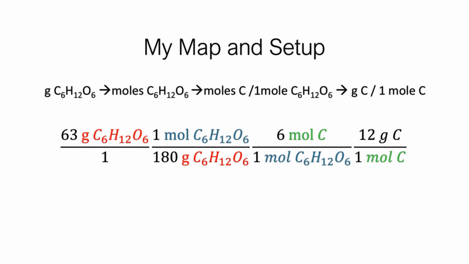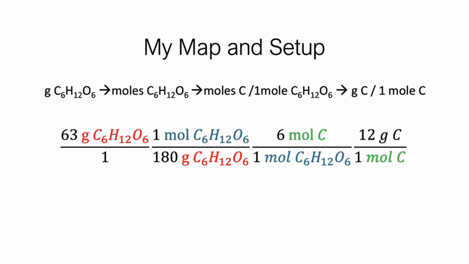I start with 63 grams of glucose and put that over 1. I have no units on the bottom of this fraction. Next, using the periodic table, I determined that the molecular mass of glucose is 180 grams. This is what I put in my second fraction, 1 mole of glucose over 180 grams of glucose.